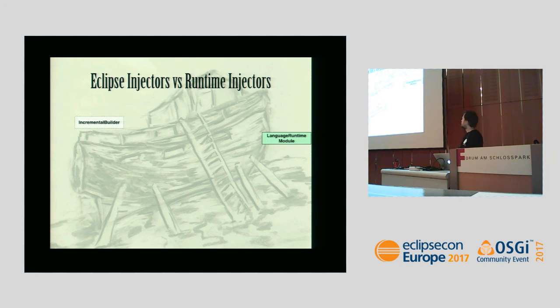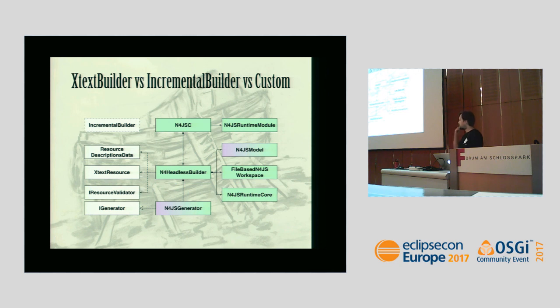There's only the language runtime module but there's no recipe for injection and setting up a headless application based on the Xtext framework. So we had to come up with something on our own. That's how we approached this. The N4JS CLI class here on the top is our entry point to the command line tool.